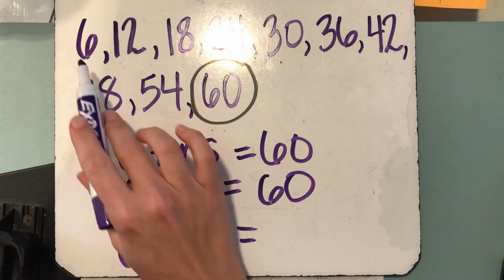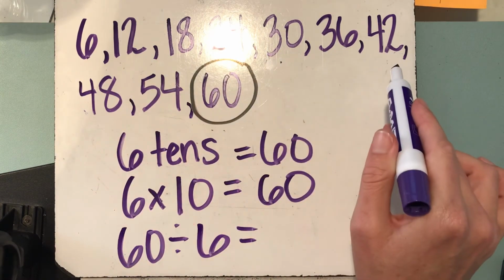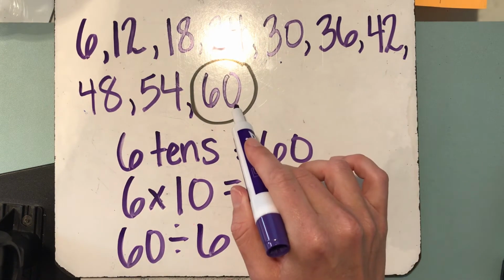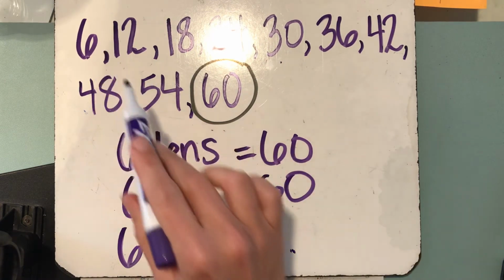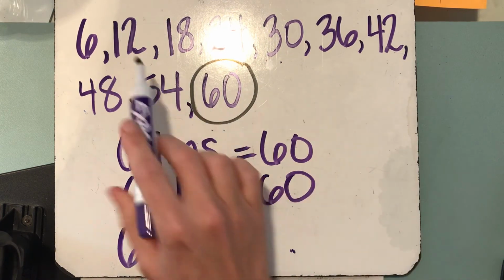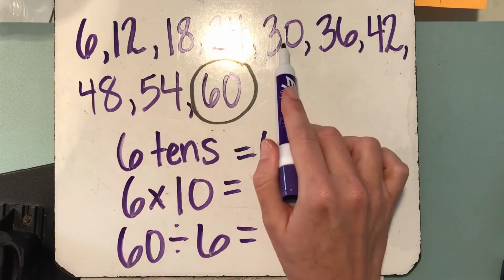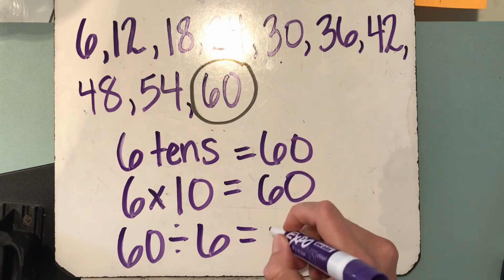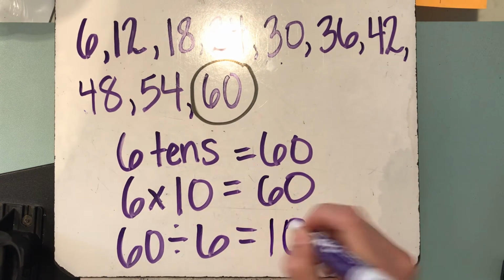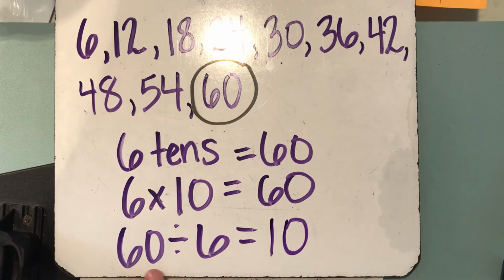Well, I can count how many times I skip counted, because I know the total, and that will give me my other factor. So how many times did I skip count to get to 60? 1, 2, 3, 4, 5, 6, 7, 8, 9, 10. There's my other factor, 10. So 60 divided by 6 equals 10.